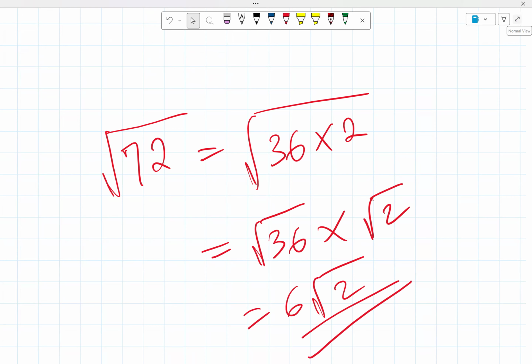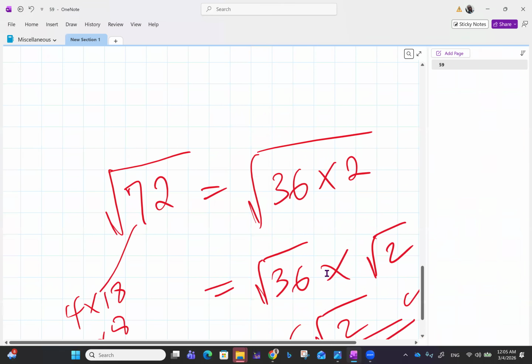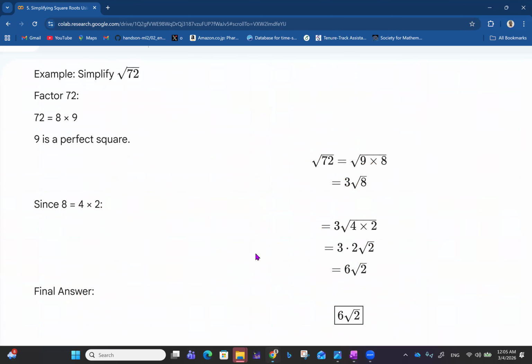For 72, you can have something like 4 times 18, you can even have 9 times 8, you can have 36 times 2. So you go for the biggest one and then you just go straight like that. Okay. So we have all of that too.